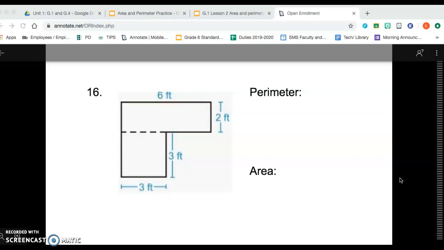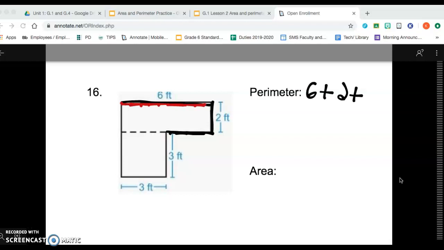So we're doing the same thing. We're just finding perimeter and area. So this one we're going to have to do a little bit of work for the perimeter. So we have this side right here. So we have 6 plus, this side is 2 plus, so we don't know this side, right? But let's look. We know that this whole side right here is 6.